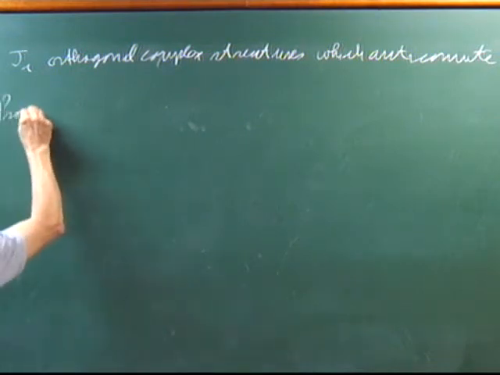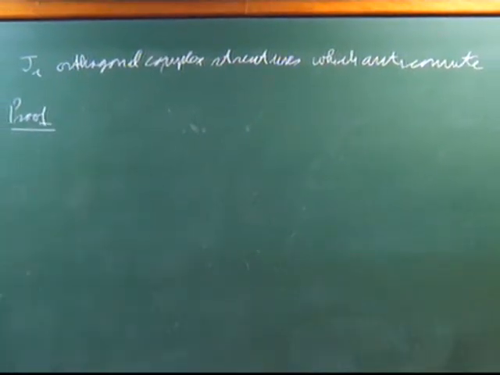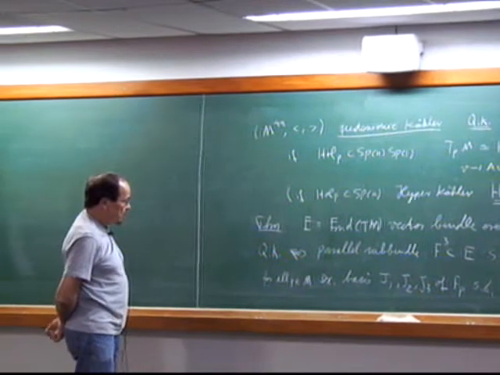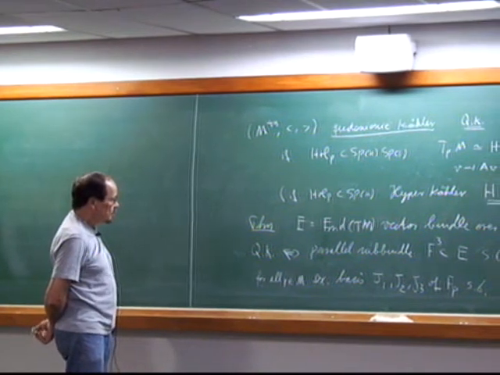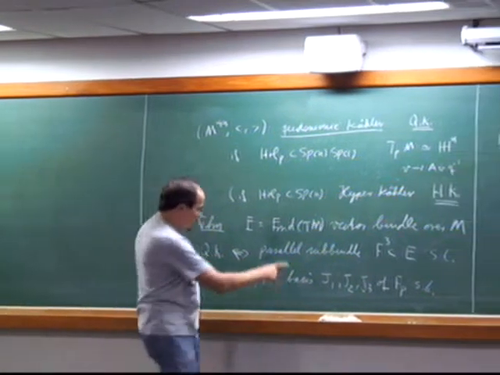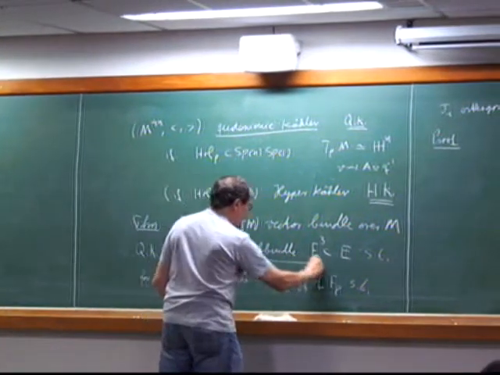things more easily. And for example, to show that something is quaternionic Kähler, you do this in terms of this kind of structure, these parallel subbundles. Of course, maybe it's clear what I mean by parallel subbundle.